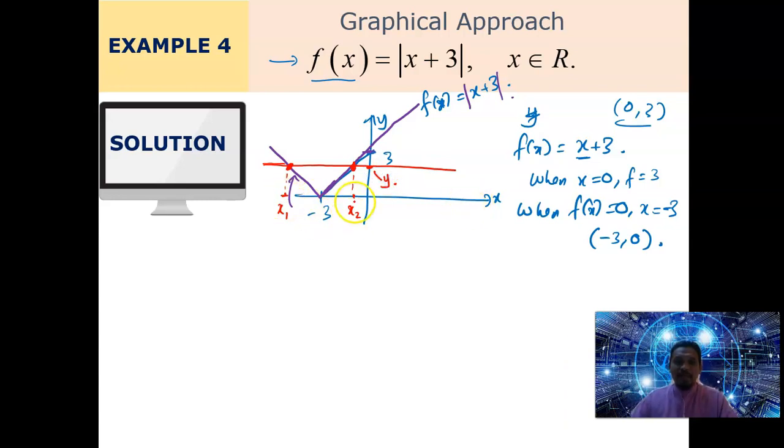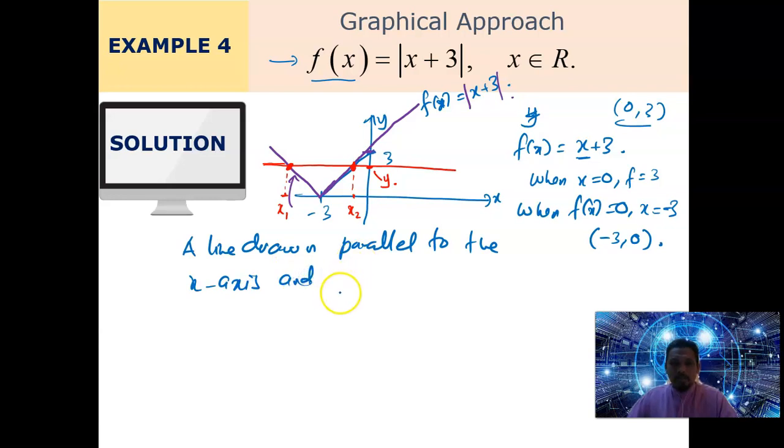So this is many-to-1. So a line drawn parallel to the x-axis cuts the graph at 2 points, here and here.